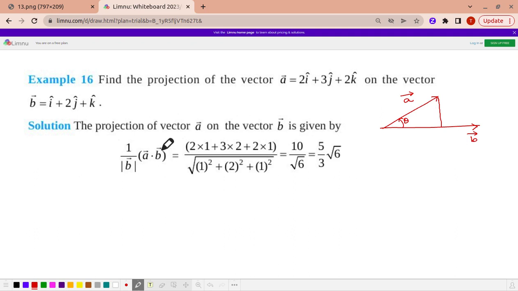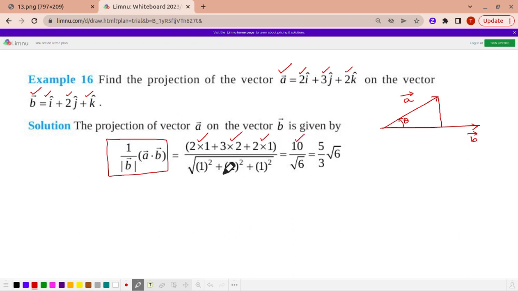But the formula is that the projection of a vector A on the vector B, this is the formula, A dot B by mod B. So as both the vectors A and B are given in the component form, it is quite simple to find A dot B. That is 2 into 1, that is 2, plus 3 into 2, that is equal to 6, plus 2 into 1, that is 2. So 2 plus 6 plus 2, that is equal to 10.